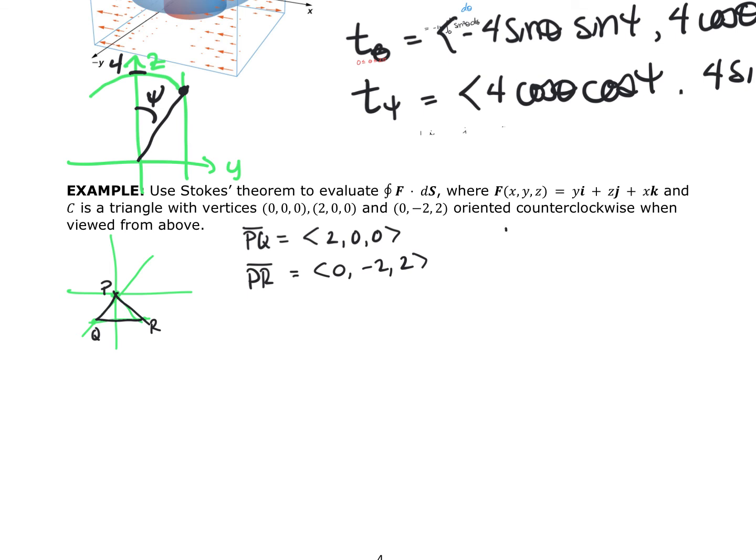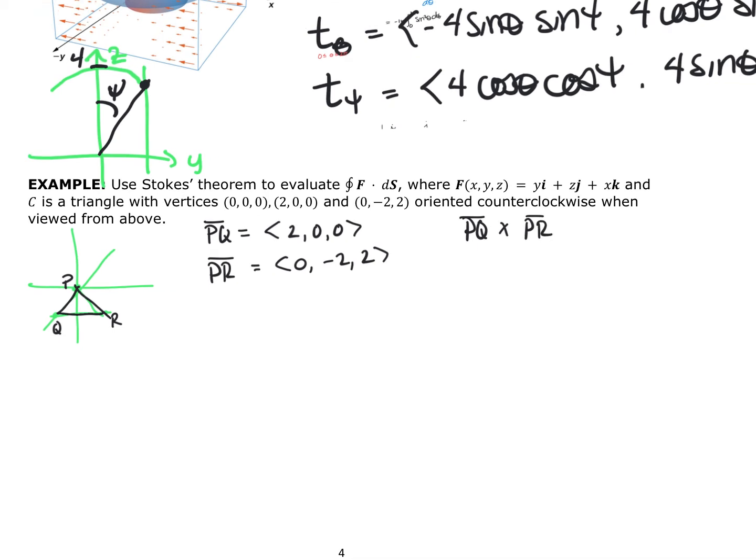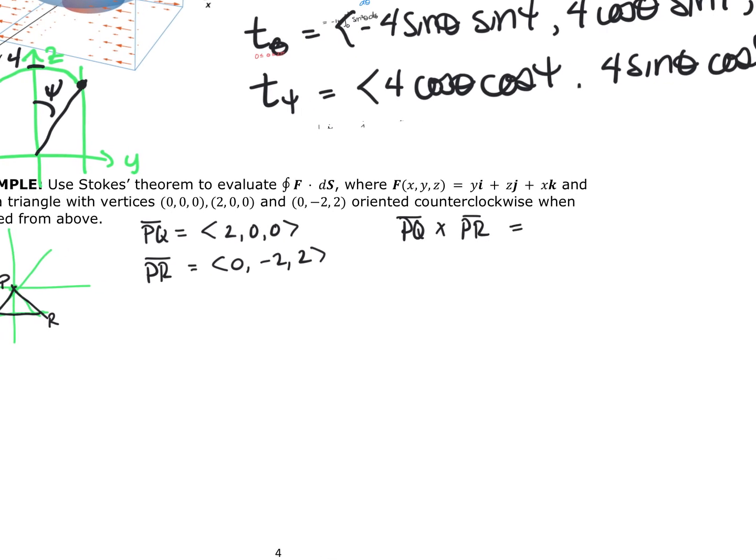If I do the cross product of PQ with PR, in the i, j, k, with (2, 0, 0) and (0, -2, 2), this is going to give me 0 in the i, plus 4 in the j, and minus 4 in the k.